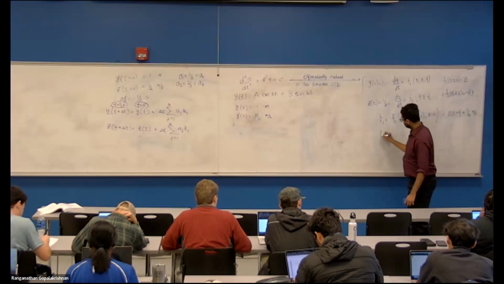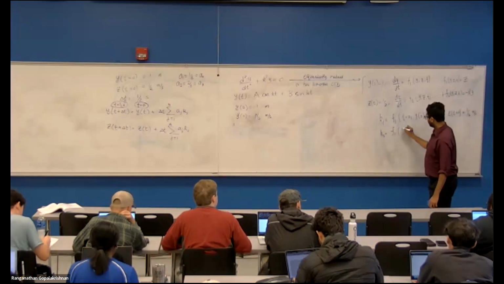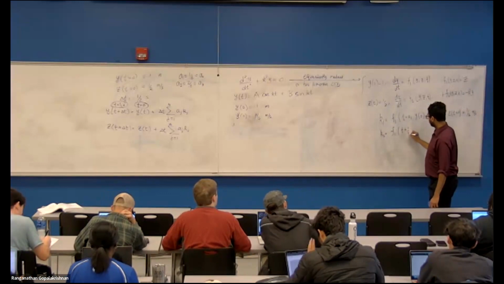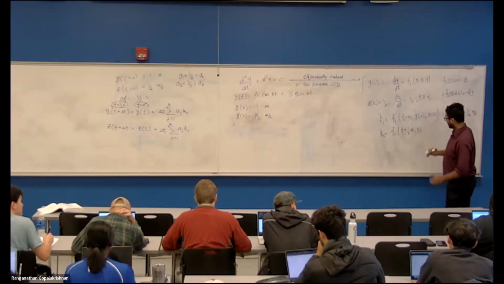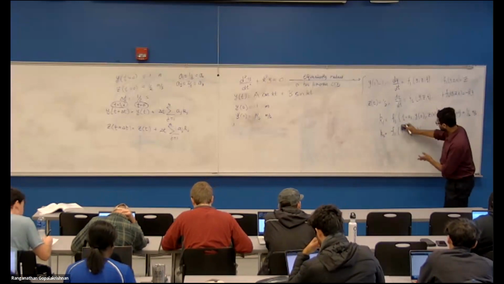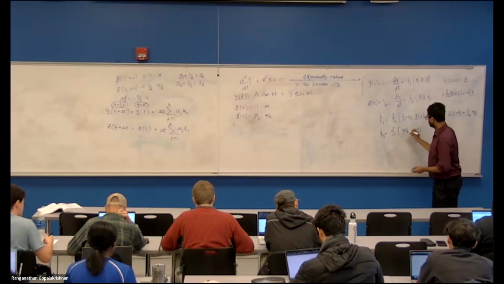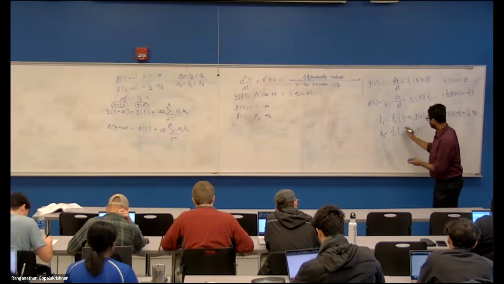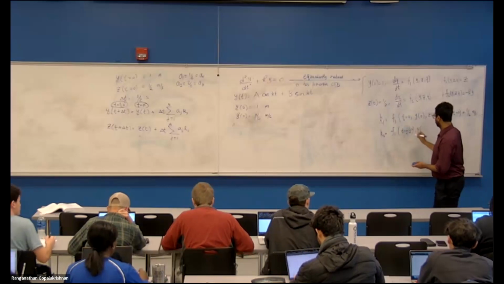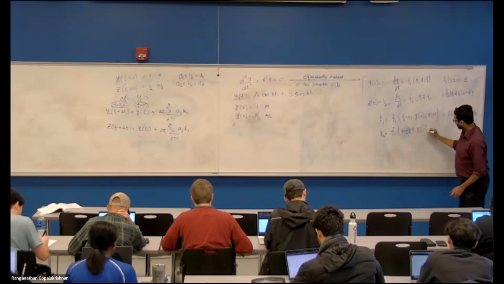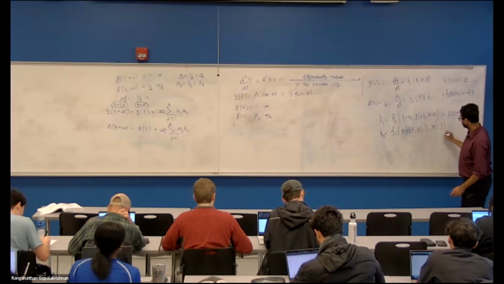K2 is the value of the function f1 evaluated at t plus half delta t and y at t plus half delta t. So I'm just going to write this t equals half of half a second, and y evaluated at the same value, z evaluated at the same value.